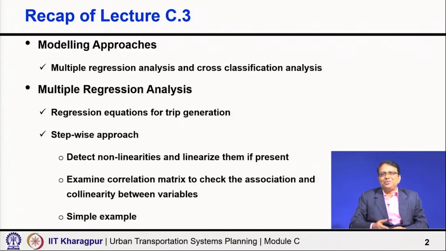Then we said that, given a hypothetical example of a correlation matrix, how we can logically select the models. And there I said that we first try to find out who are our strongest players.